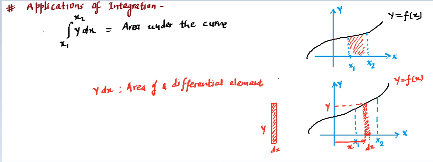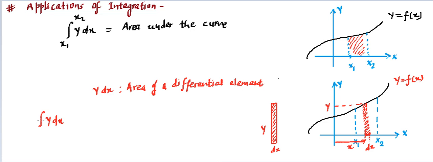Now integration also means summation. Integration is very similar to summation. So if we apply integration here, we say integration y dx is basically the summation of all the areas of differential elements.